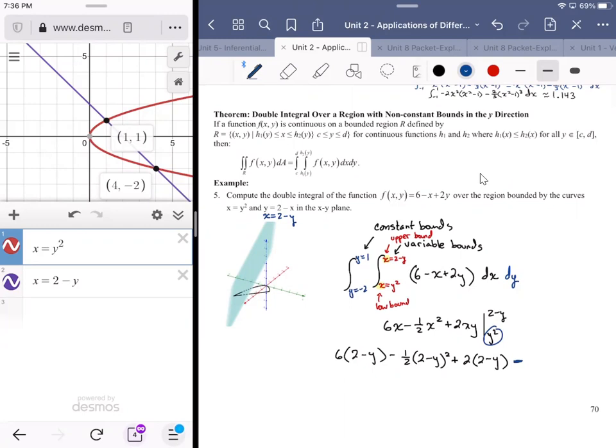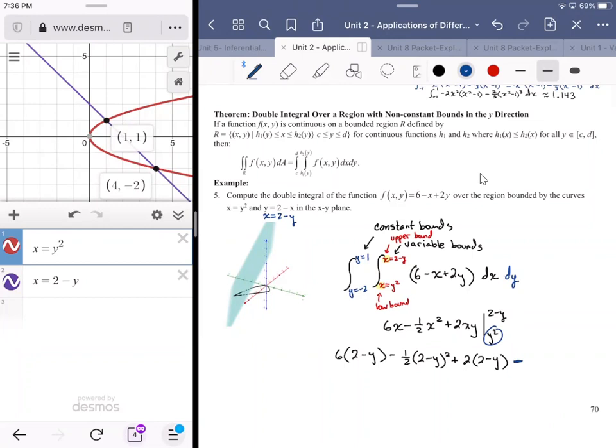Oh, why it's the upper bound, the 2 minus x, good question. So if you look at the graph on Desmos, when you solve for x in terms of y, it's defined from left to right as opposed to bottom to top.